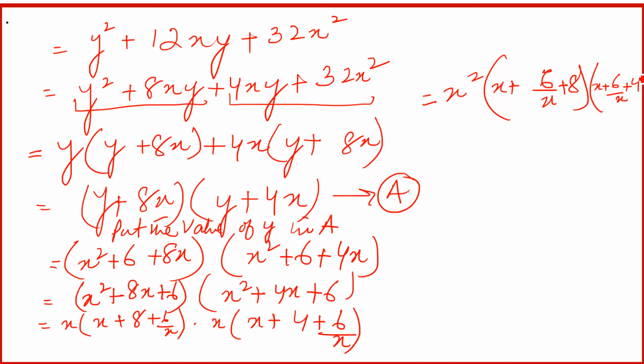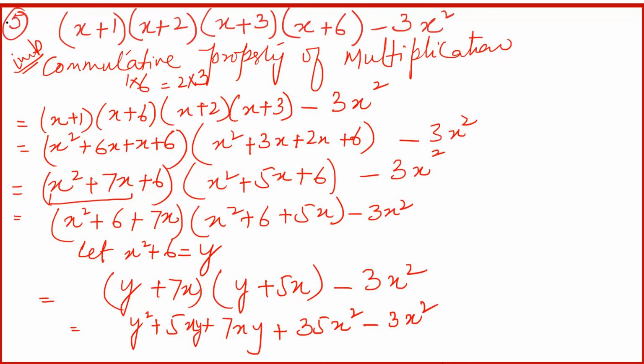This question is easy but lengthy. So this is according to the answer of your book, right? One more time I will explain to you. Very, very important: you have to use the commutative property of multiplication. You have to make the pair of two parentheses in such a way that when you multiply the constant terms, the answer is the same. So you can try.